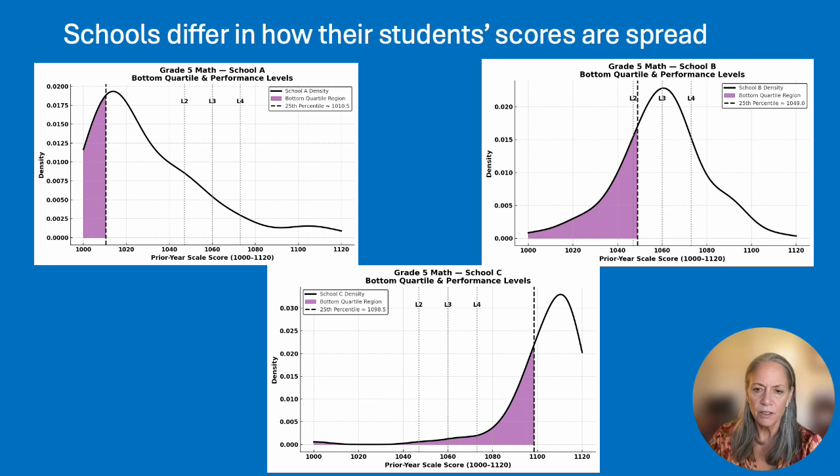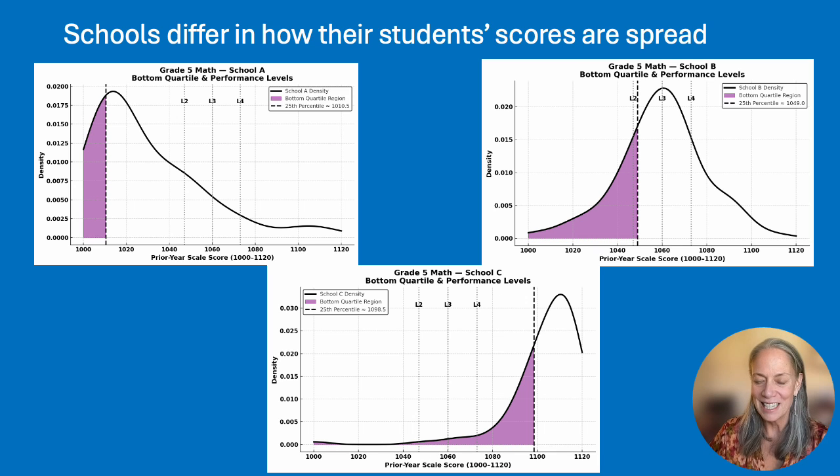And then here on the very bottom, we have a really high performing school. So the majority of these students are above the proficient mark here, level 3, and their bottom quartile is likely to be a mix of level 1, 2, and 3, and maybe even 4 students. I've tried to put in an extreme example in case that really happened.